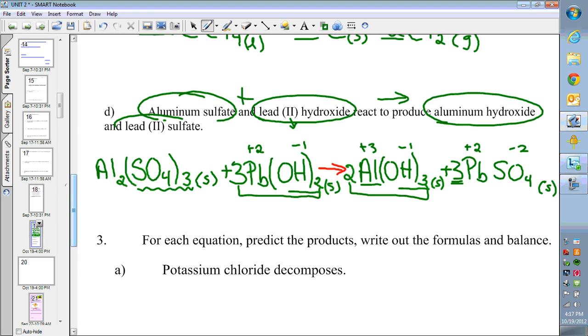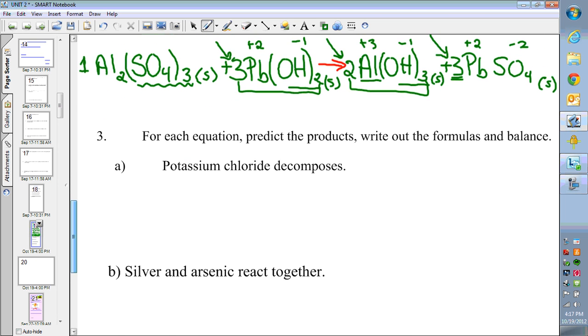Now I've got 2 aluminums, and I've already got 2 aluminums. So 1 aluminum sulfate reacts with 3 lead hydroxides to produce 2 aluminum hydroxides and 3 lead sulfates. That was the trickiest one on there thus far.